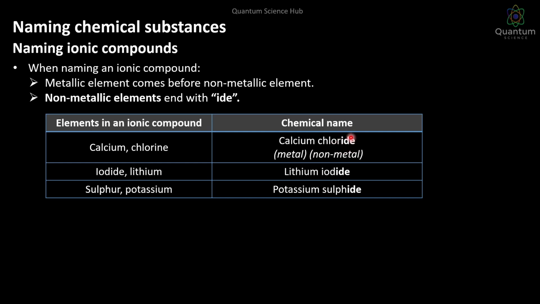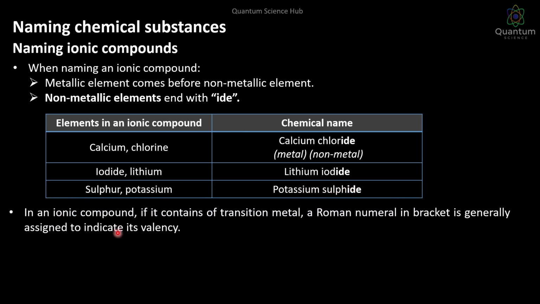So it changed from chlorine to chloride. So calcium is a metal and chlorine is a non-metal. So it becomes chloride. Next, iodine and lithium. So the name will be metal, followed by the non-metal. So lithium comes first and then iodide. Next, sulfur and potassium. So potassium sulfide.